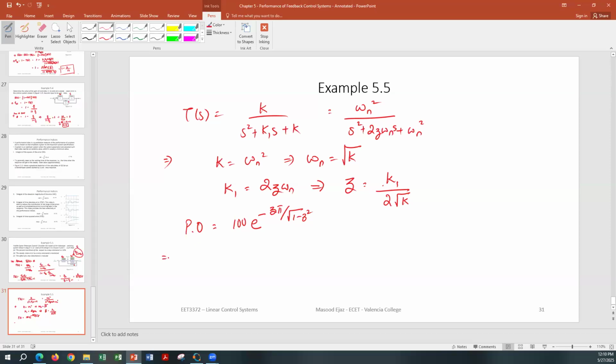If we keep this peak overshoot to be 10% maximum, and both sides are in percentage, we get 0.1 is equal to e to the power negative zeta pi over square root of 1 minus zeta square.